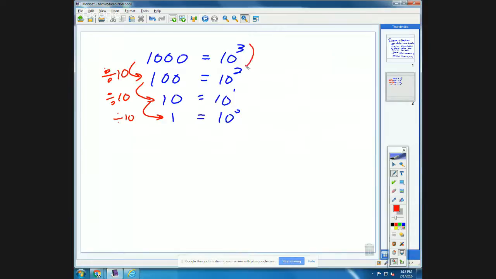On the top, I'm dropping the power by 1 each time, as I move down from the bigger powers of 10 to the smaller powers of 10. And it turns out that we can just keep going. So if I go 3, 2, 1, 0, what's the next obvious number? -1. So down here I get 10 to the -1.